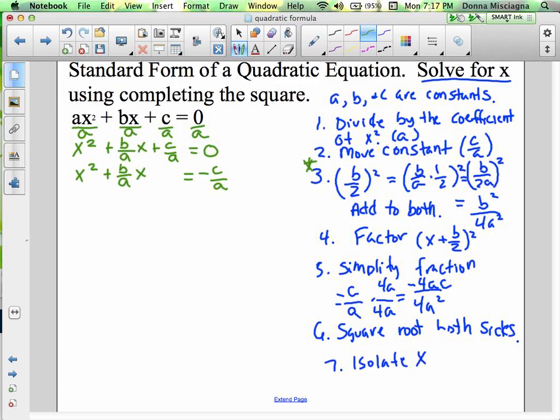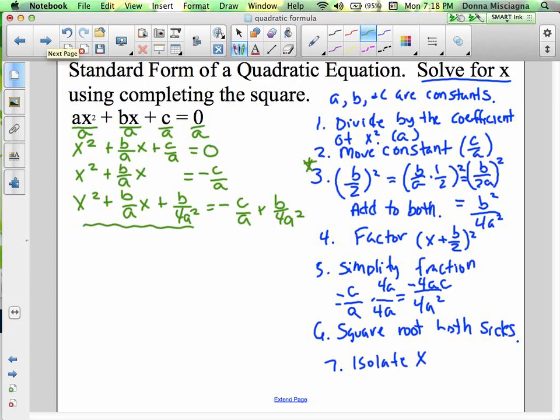So now we're going to add b squared divided by 4a squared to both sides. I'm going to do the same thing over here, so it equals negative c divided by a plus b squared divided by 4a squared. Now we can factor over here.